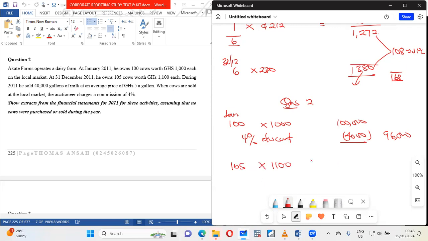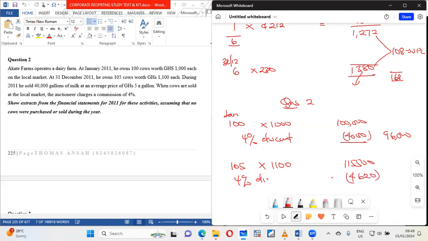And how much is that? We have 105 multiplying 1,100. How much do we have? 115,500. 4% discount on each. So what is the discount on that? 0.4 gives me 42. No, it's supposed to be 0.04, because 4%. 115,500 times 0.04 gives me 4,620.